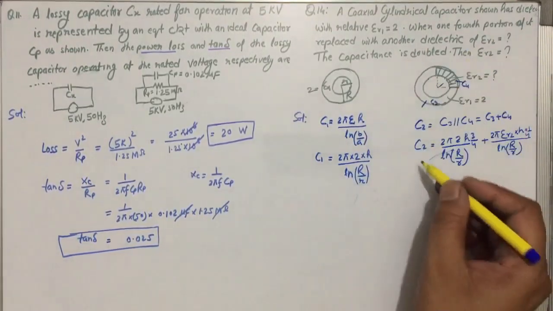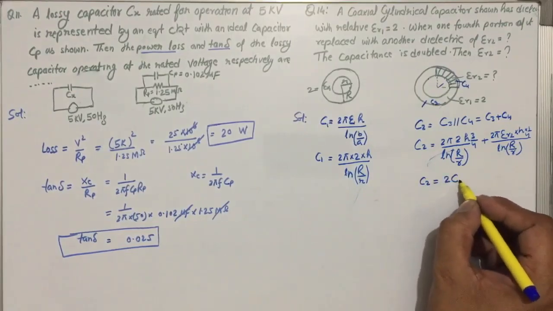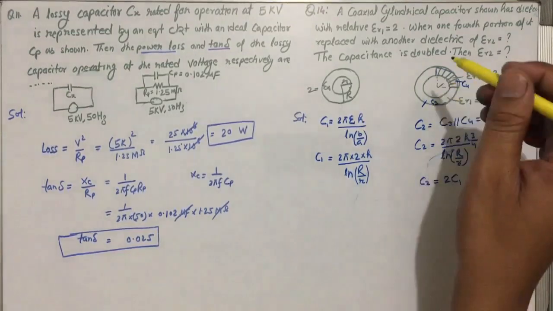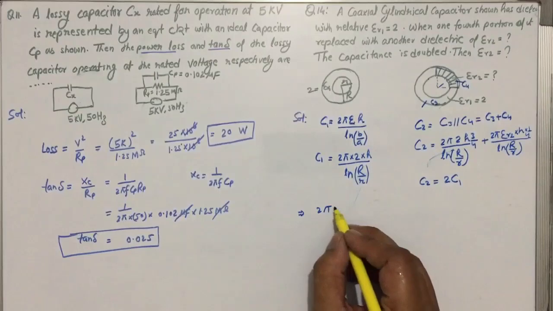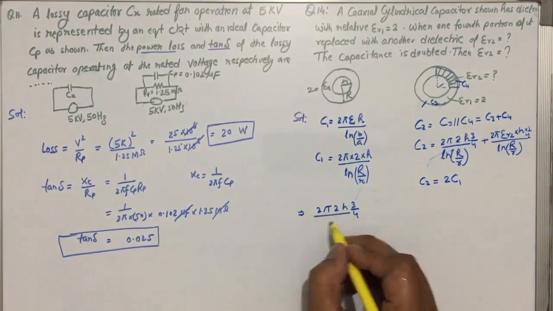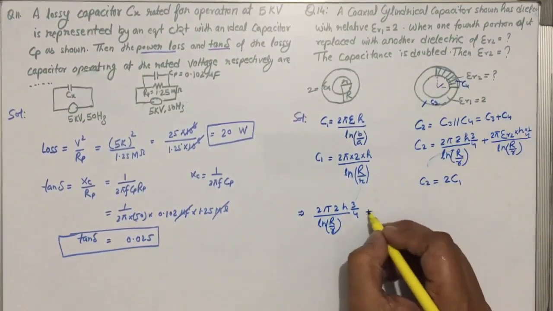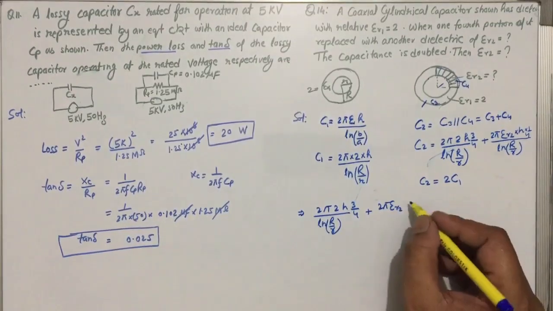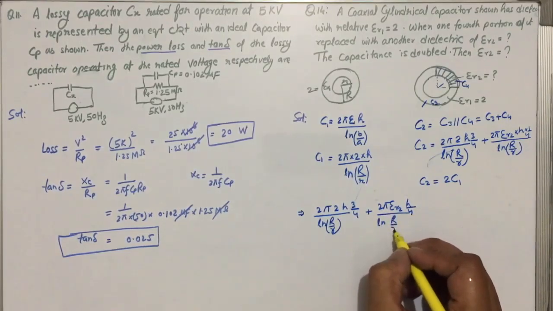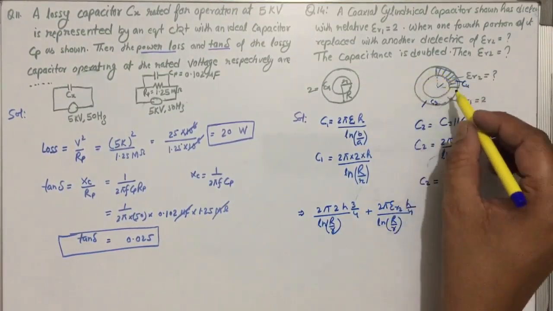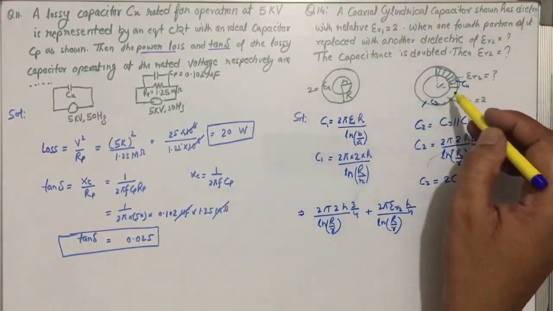The 1 by 4 is the division of the full cylindrical body in the ratio 3:1.